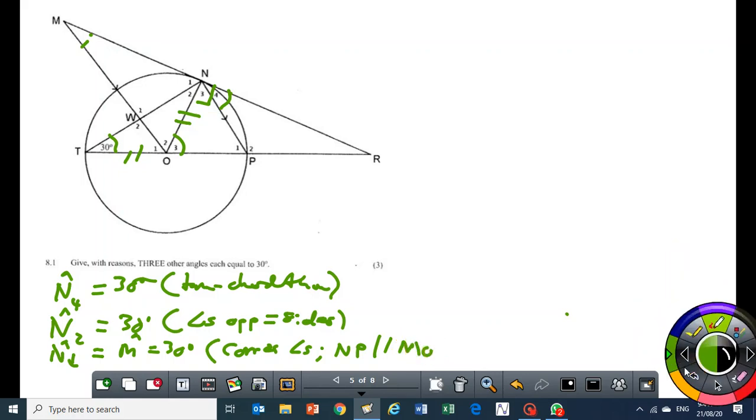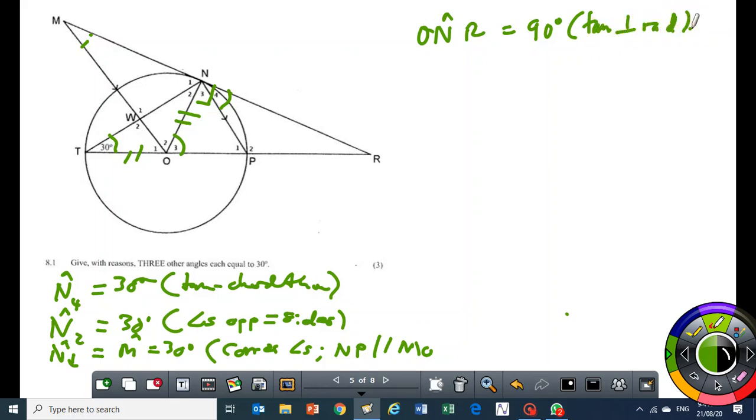Another one, I'll give you mine, the third one that I saw. So for me, I was going to say angle ONR is equal to 90 degrees. My reason: tangent perpendicular to radius.